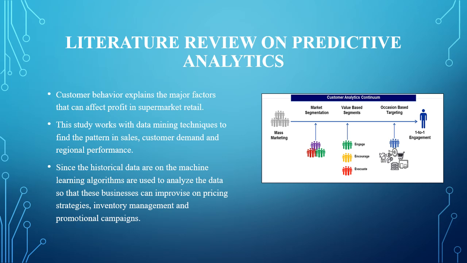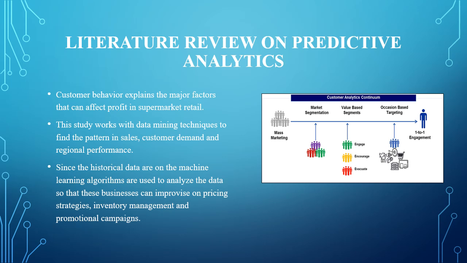Customer behavior explains the major factors that can affect profit in supermarket retail. This study works with data mining techniques to find patterns in sales, customers' demand, and regional performance.